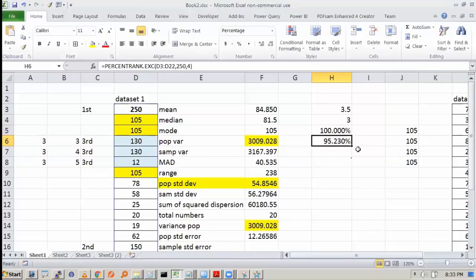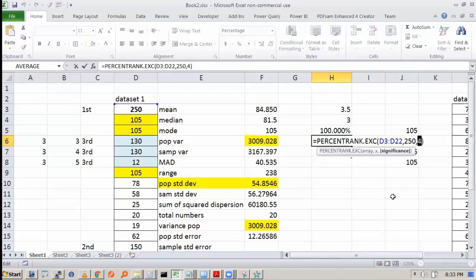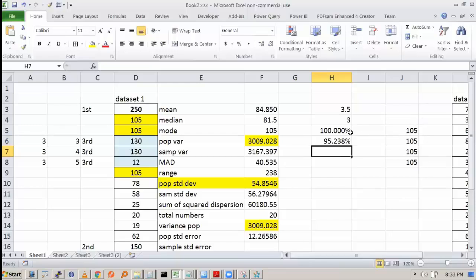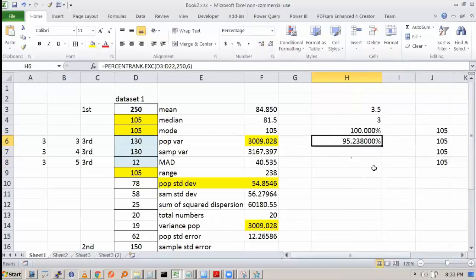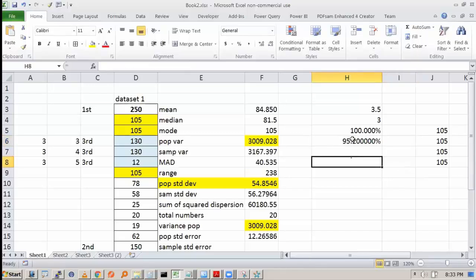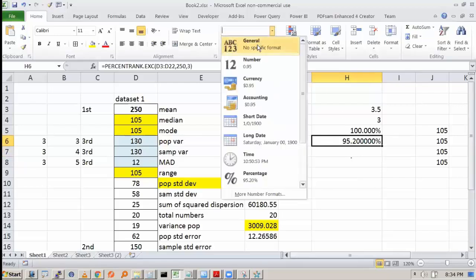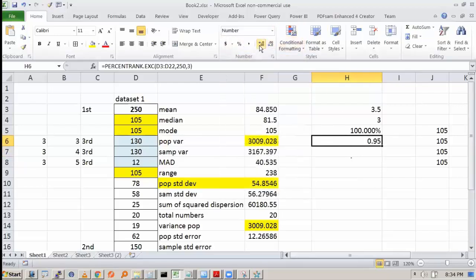But one thing you see, I have given 4 decimal places. If I give 6 decimal places, what will happen? I can keep on increasing. After this, it becomes 0, 0, 0. If I make it 3 decimal places, see 952. After the third decimal, all will be 0.